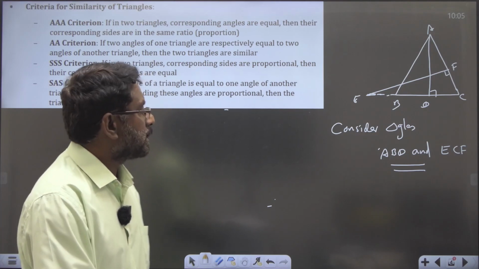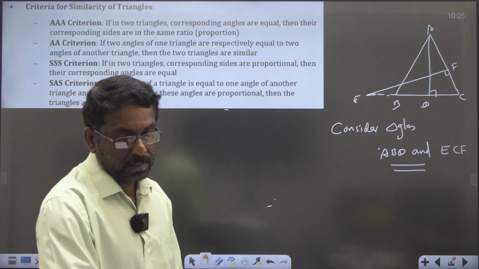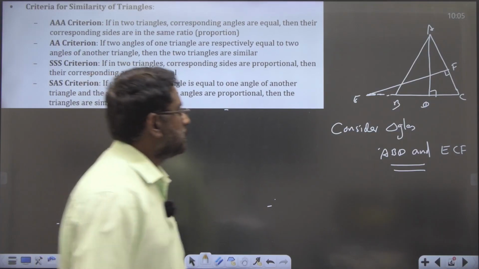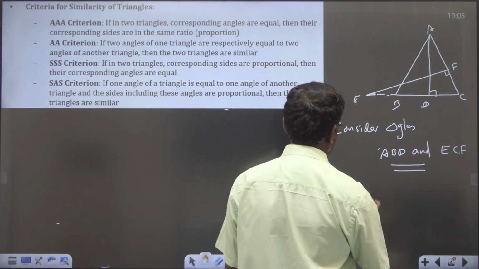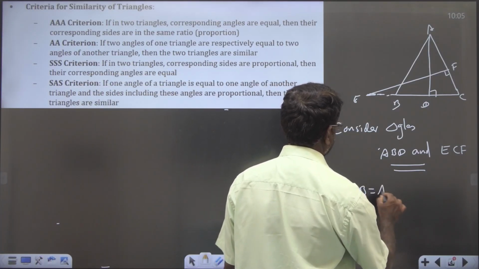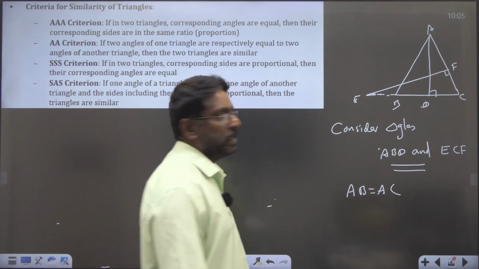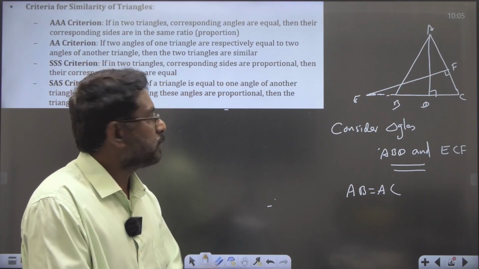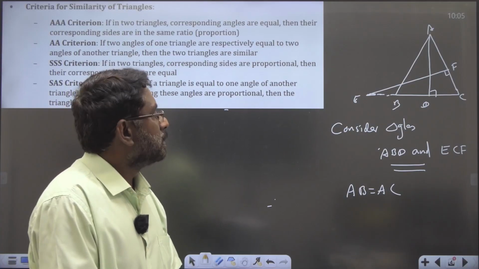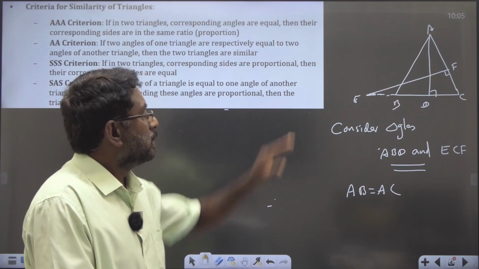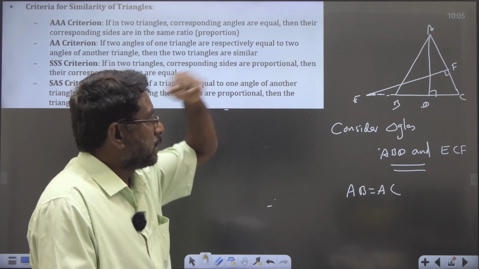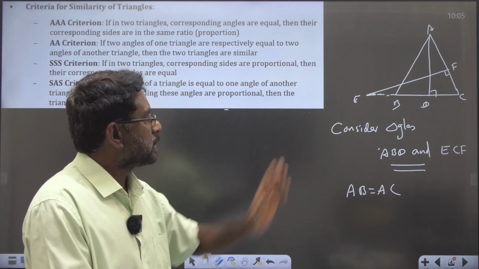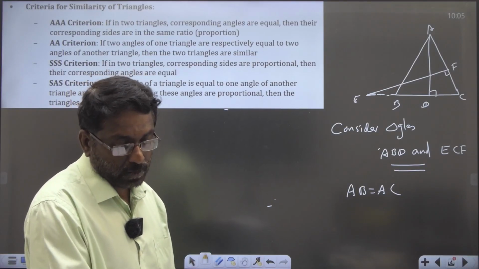In the figure, AB equal to AC. What is the reason? Because ABC is an isosceles triangle, BC is the base. In an isosceles triangle, the two sides AB and AC are equal. So AB equal to AC.